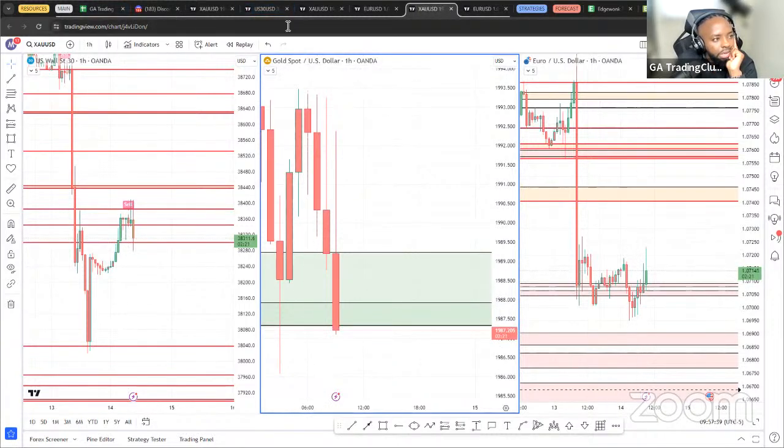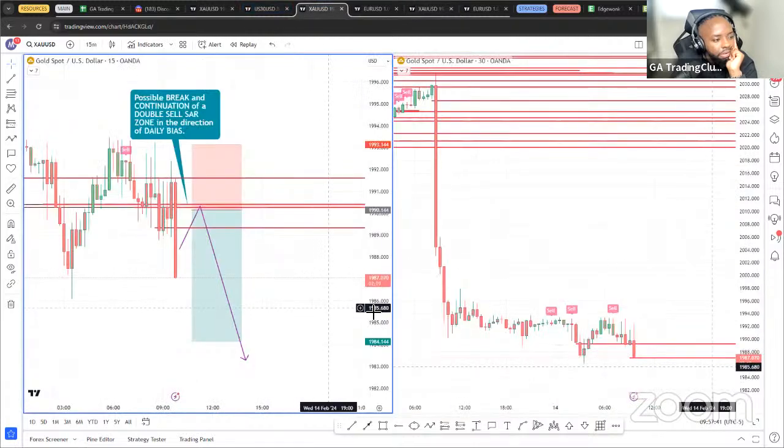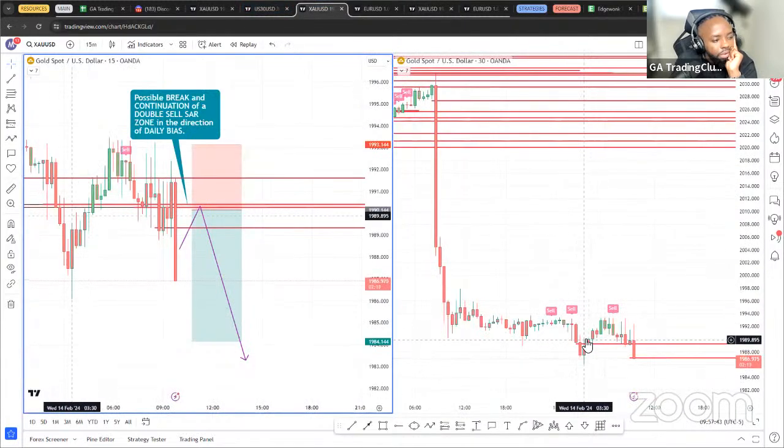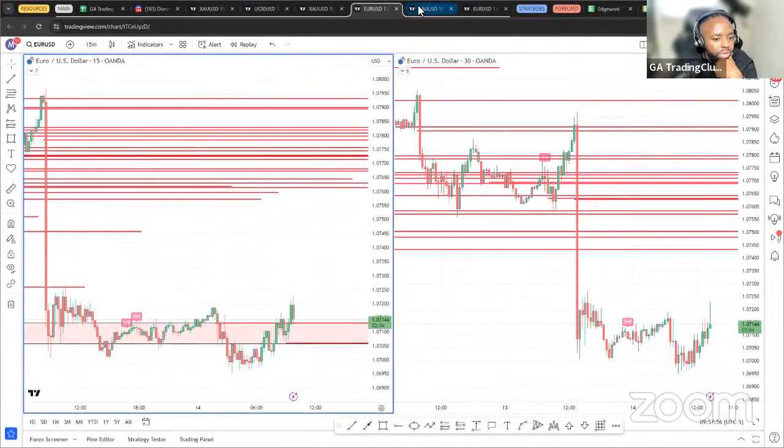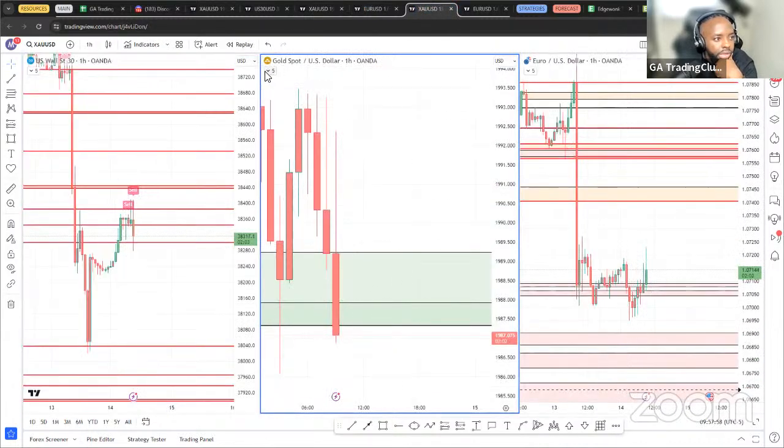So this is 88, 87 area on gold. 88, they might go all the way to 85. I think what I'll do, I'll probably set a buy stop. I'll set a buy stop on gold. At where's that bullish order block?